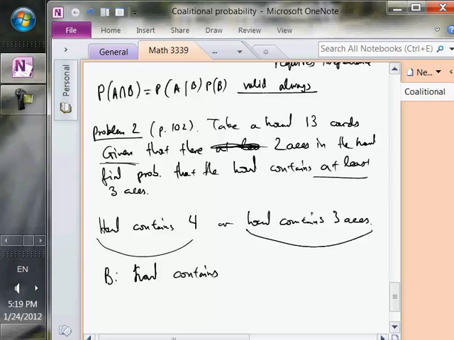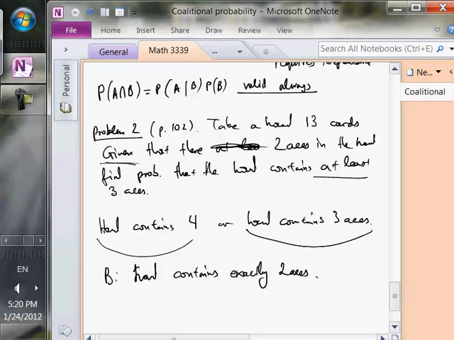Okay, let me solve it with exactly 2 aces, okay? Otherwise, that's your first problem, it will become more complicated. Let's understand with a simple condition: the hand contains exactly 2 aces. So it's a variation of the problem, and then I will show you how it goes with the at least.